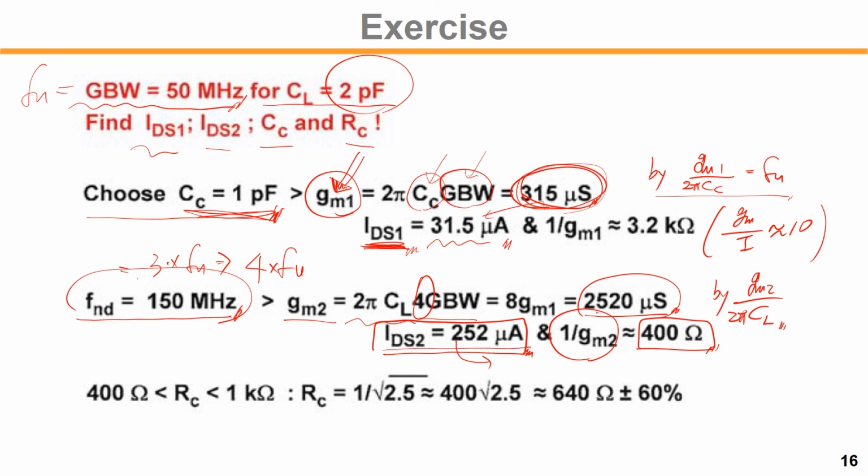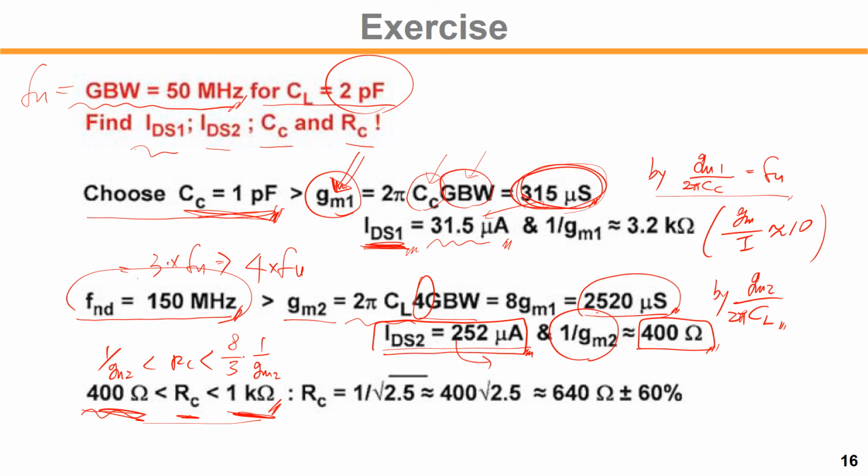So we design RC greater than between 400 to 1 kilo ohm, right? So 8 over 3 times 1 over GM2, about 1 kilo ohm range.